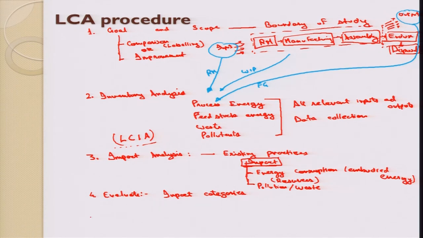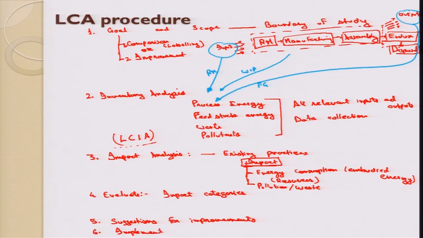Then if our goal is the second point here, the goal can be number 1, comparison, goal can be number 2, improvement. If the goal is the second point here, improvement, we'll make suggestions for improvement.